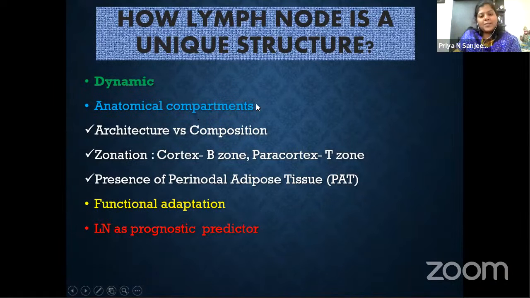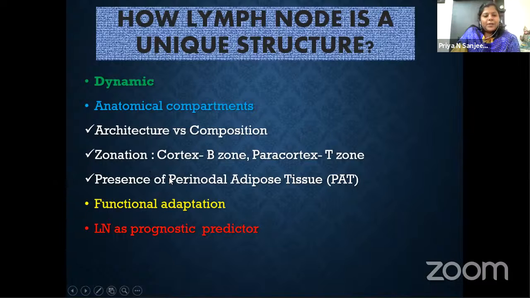There are building blocks like cortex, medulla, paracortex, which lead to the architecture of the lymph node. The diversity lies not only in the architecture, but also with respect to the composition. So there is a cellular diversity within the lymph node, which creates a unique microenvironment.